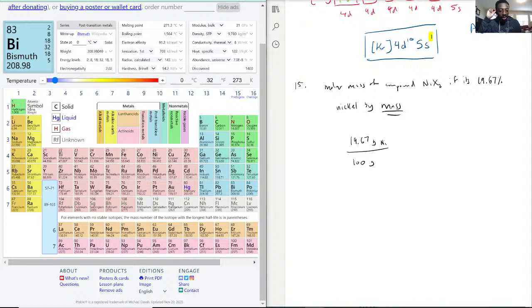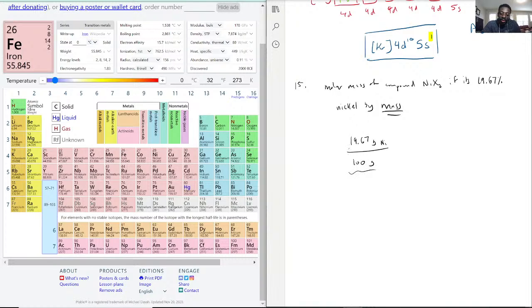We refer back to the periodic table because we need to know where nickel is. There we go, 58.693. We actually need to know the molar mass of nickel to, in a sense, convert, because for every 100 grams, there's 19.67 grams of nickel, okay?